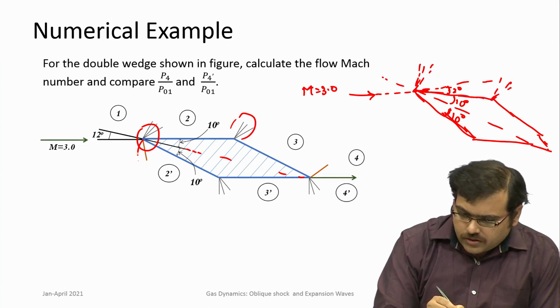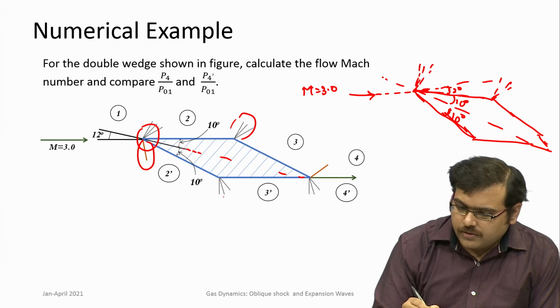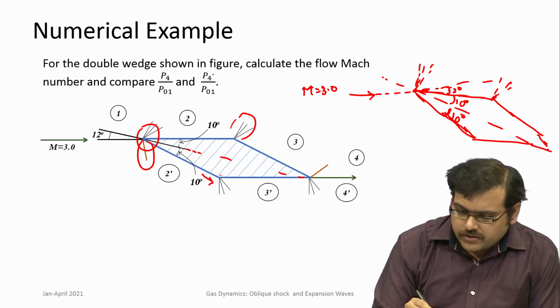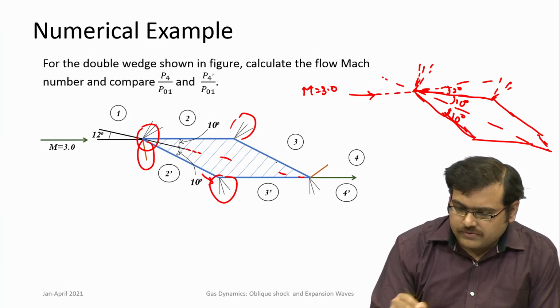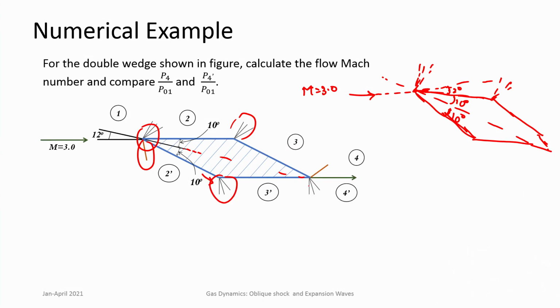Here you have an oblique shock, but at this point flow turns away from this direction, so an expansion fan. Now, they follow different sets of wave structures. Here you get an expansion fan at the bottom half and an oblique shock at the top half, and finally the flow is turned again to the free stream direction. The idea is to find P4 by P01, and compare P4 by P01 and P4 dash by P01.